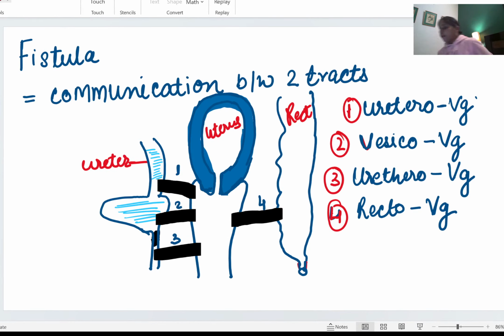Fistula is a connection between the two tracts.